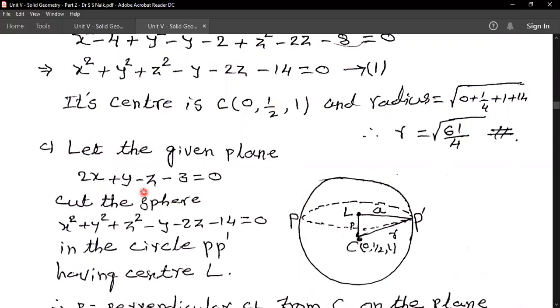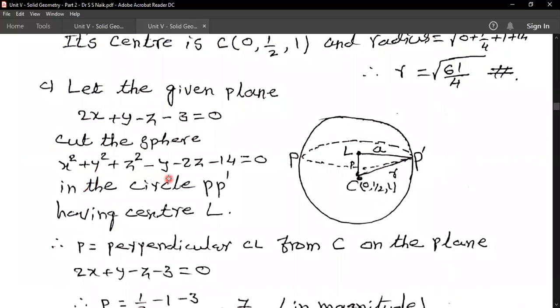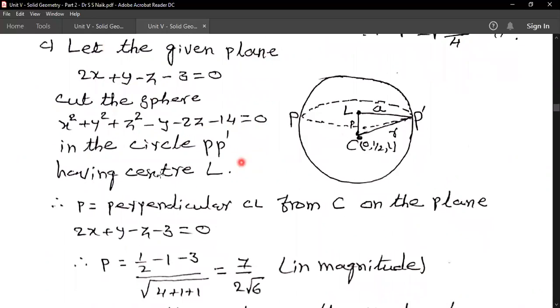So let the given plane 2x plus y minus z minus 3 equal to 0 cut the sphere x square plus y square plus z square minus y minus 2z minus 14 is equal to 0, in the circle having the center L.